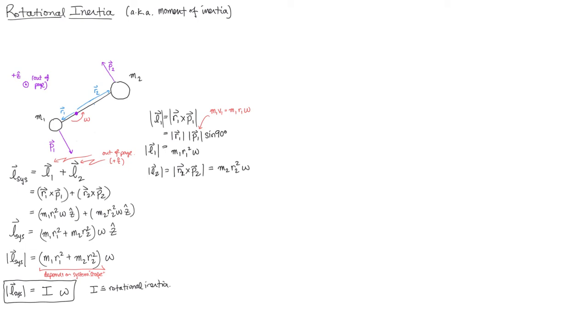Okay, in general, you might have more than two particles. So we can write down the rotational inertia for more than two particles. Let's say you have n point particles. We can write down the rotational inertia as the sum of m r squared for each of these objects, and the sum goes from 1 to n.